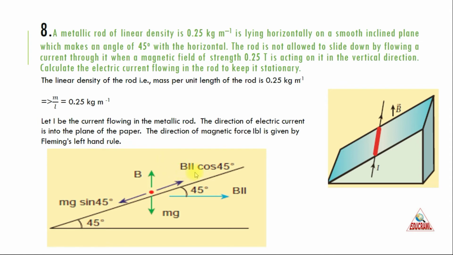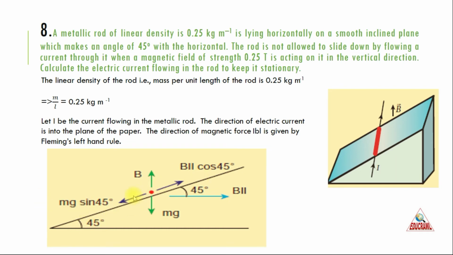Here this BIL is inclined at an angle theta, so it can again be resolved into two components, BIL cos 45 and BIL sin 45. Since BIL sin 45 acts opposite to mg cos 45, and we are concerned only with the movement of the rod along the plane, we neglect these.